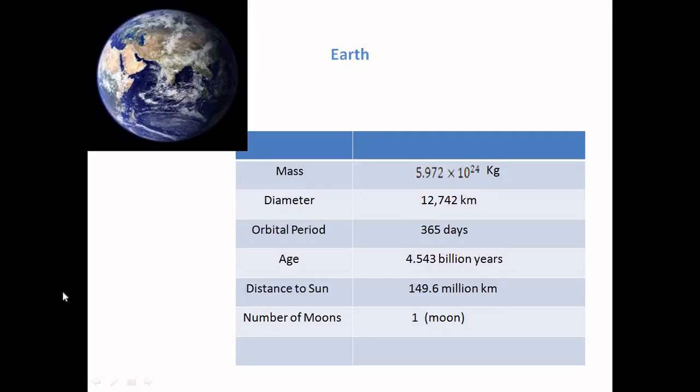Its diameter is about 12,742 km, and the distance from the Sun is 149.6 million km, or we can say 1 astronomical unit. So 1 astronomical unit is equal to 149.6 million km, or around 150 million km.